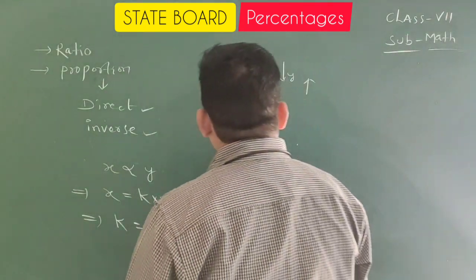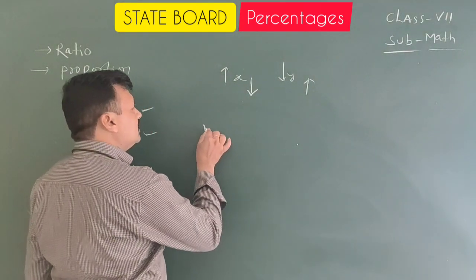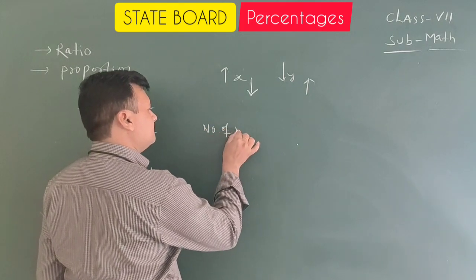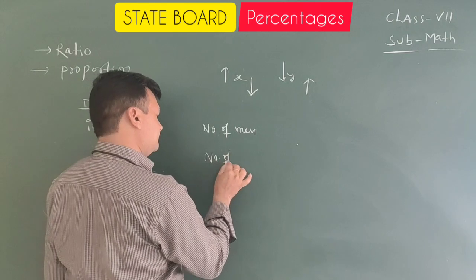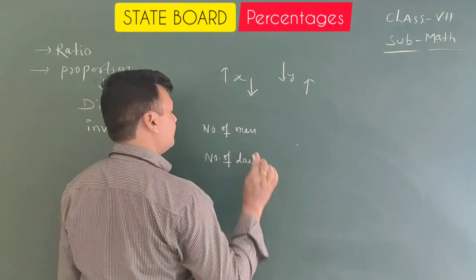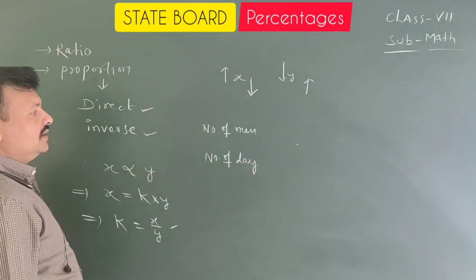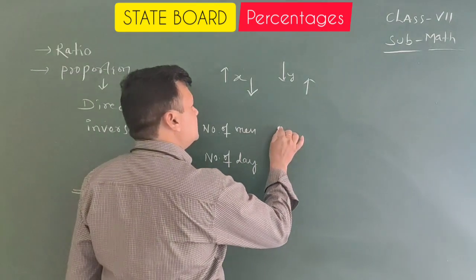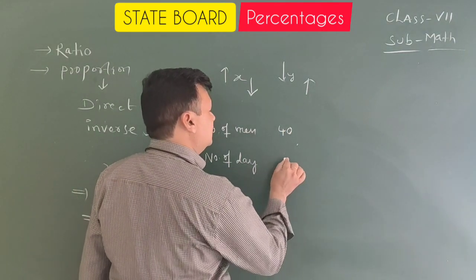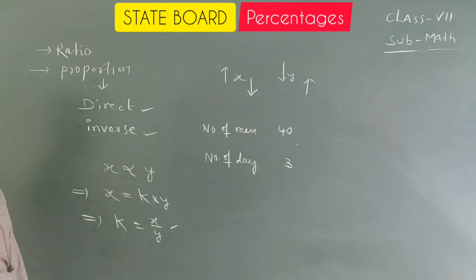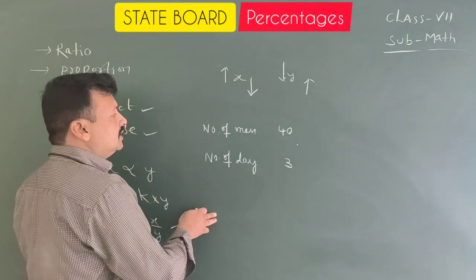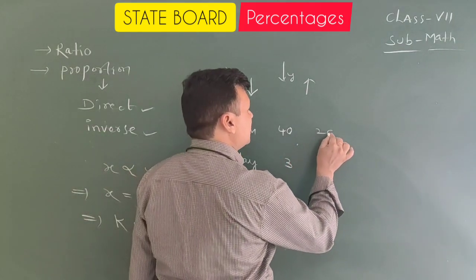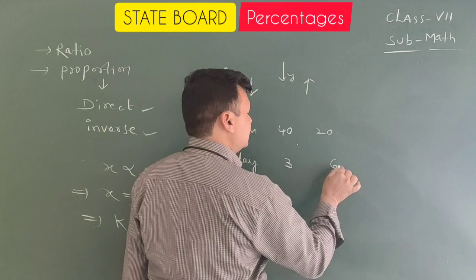Here, number of men and number of days. 40 men can complete a particular work in 3 days. For example, if 20 members came, it will be completed in 6 days.